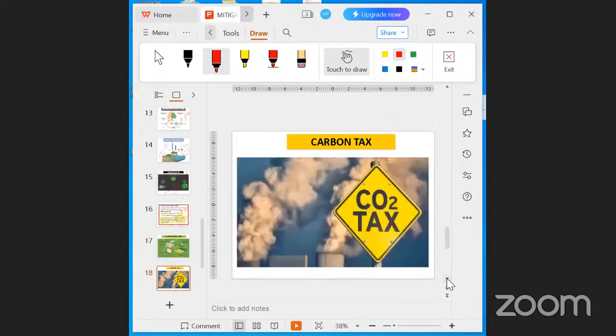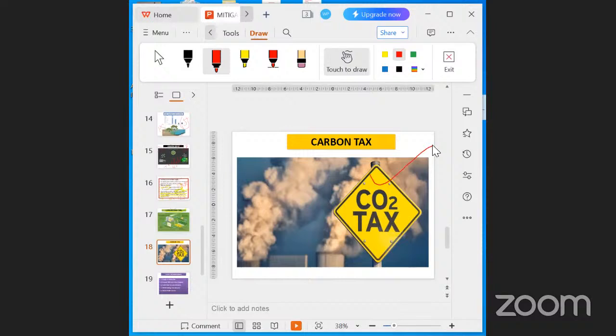The next one is carbon tax. So now what is carbon tax? Fourth one. Carbon tax means it is a tax, right? It is a tax that is based on the amount of carbon dioxide contained in a fuel.